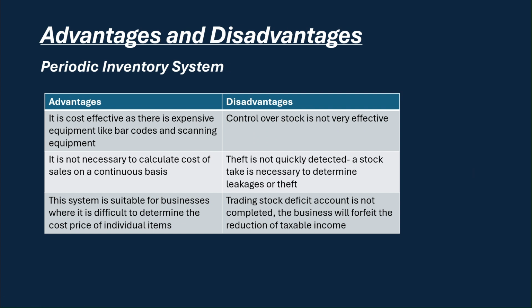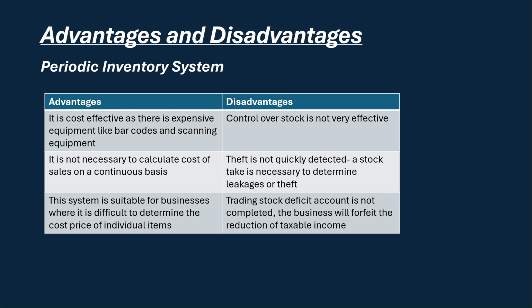Now, let's look at the advantages and disadvantages of your periodic inventory system, right? So the advantages is that it is cost effective, as there is no expensive equipment like your barcodes and scanning equipment, basically, right? So this one is cost effective.